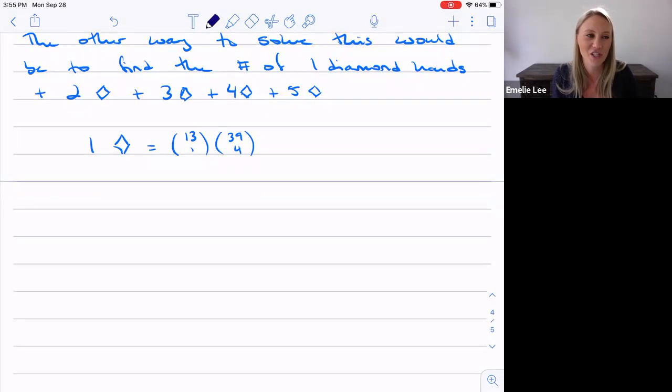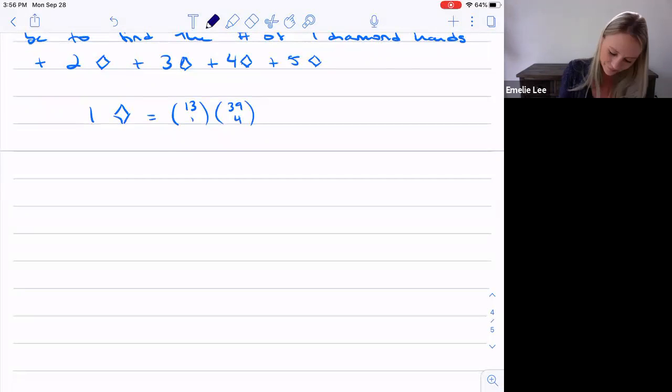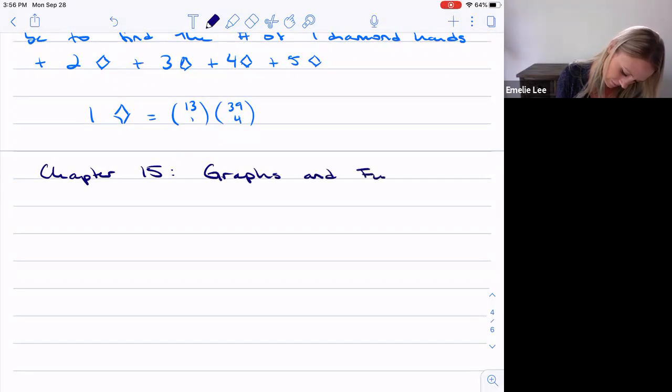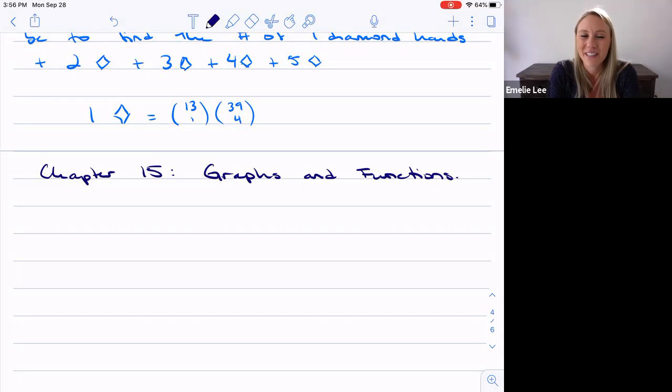Let's leave permutations, combinations, and everything in between behind us for a little bit. We'll have to do it on the test, but no more new stuff. We are moving into chapter 15, on graphs and functions. It's going to be a nice little break after what we were just doing.